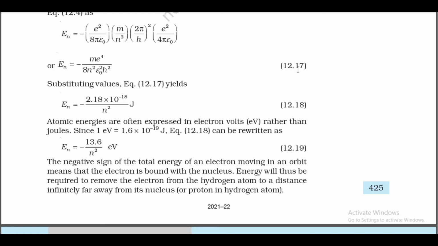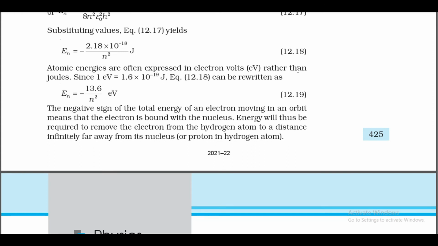Atomic energies are often expressed in electron volts (eV) rather than joules, since 1 eV is equal to 1.6 into 10 to the power minus 19 joule. Equation 12.18 can be rewritten as En is equal to minus 13.6 by n squared eV.